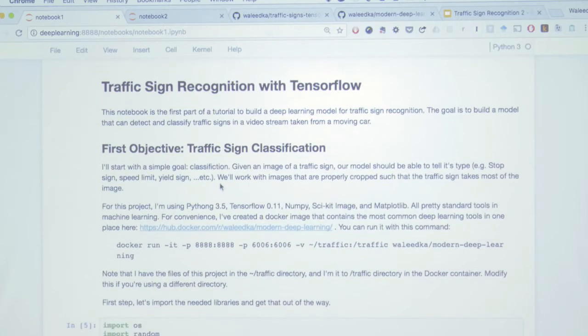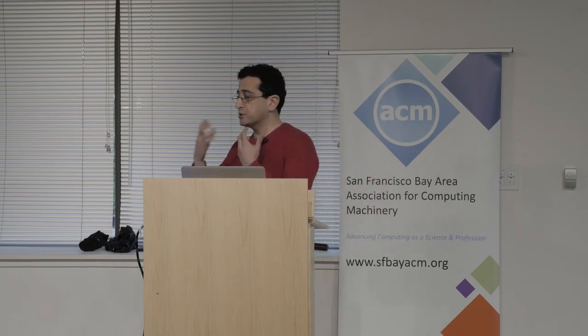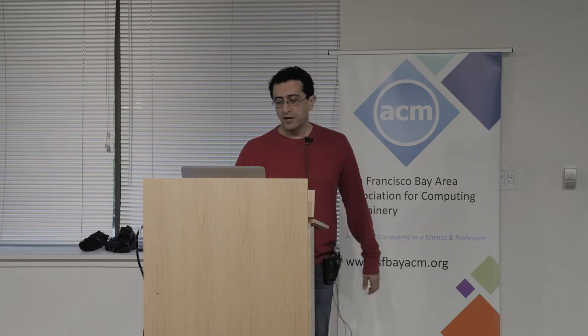All right, part 1. In part 1, I start with the very basics. Basically, what's the simplest possible model that you can build that gives you some results? I'm using TensorFlow.